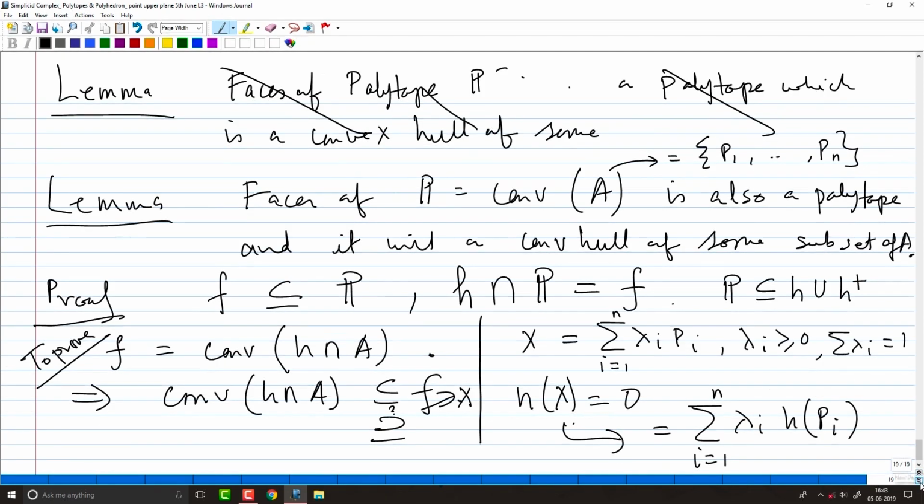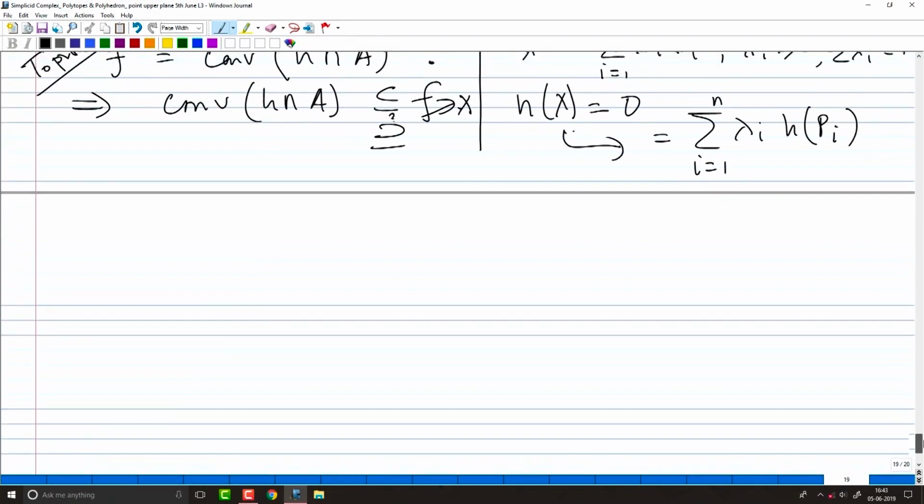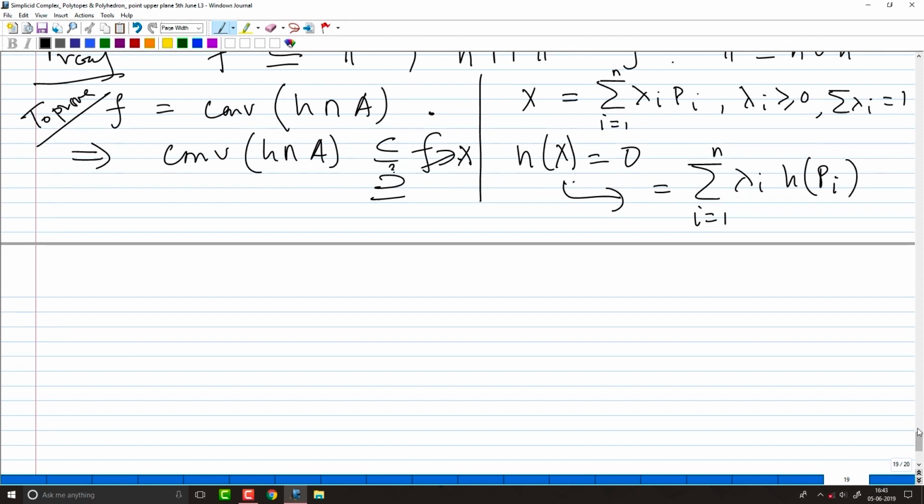Let me go to page 1. I am writing x equal to summation lambda i Pi, i equal to 1 to n.